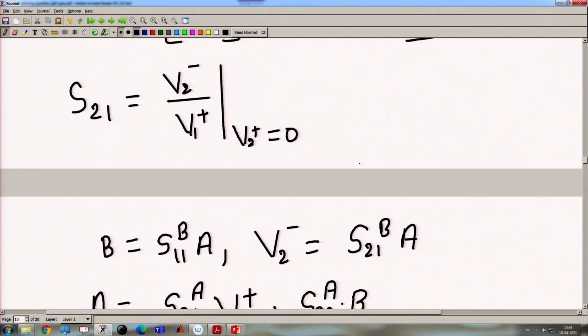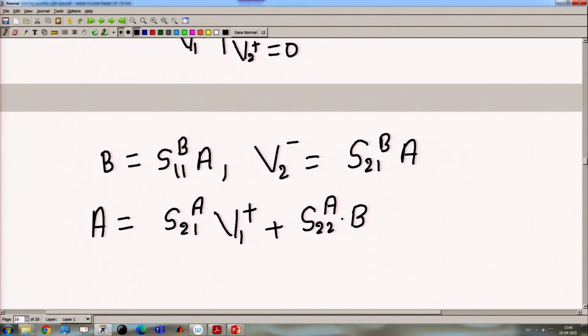So, B we have written as S11 B into A, we can substitute here.